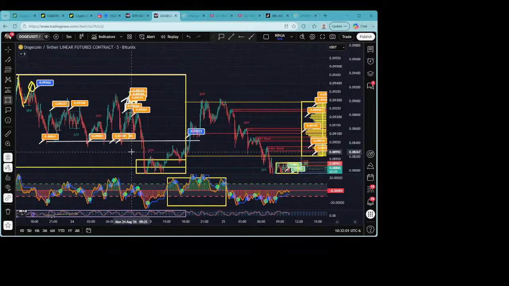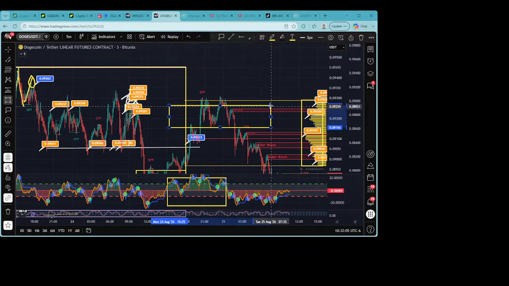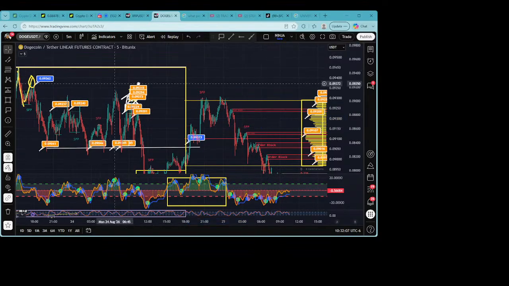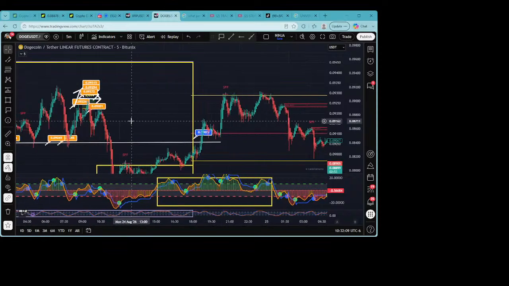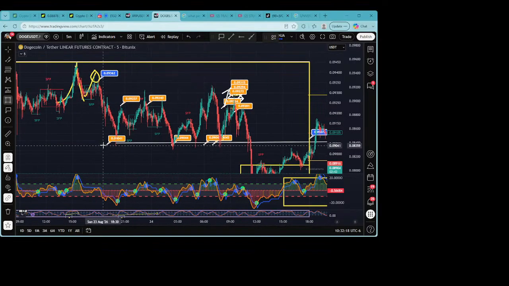So basically it's when there's a breakout. And we can see here, there were a few breakouts here. And I guess that's the bottom support. I guess the top support.